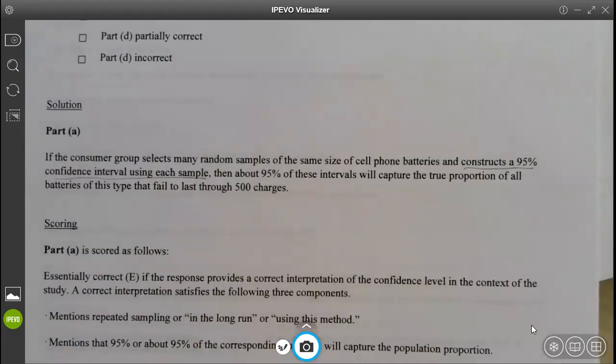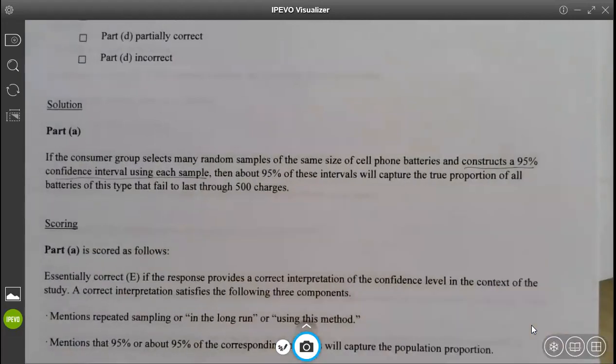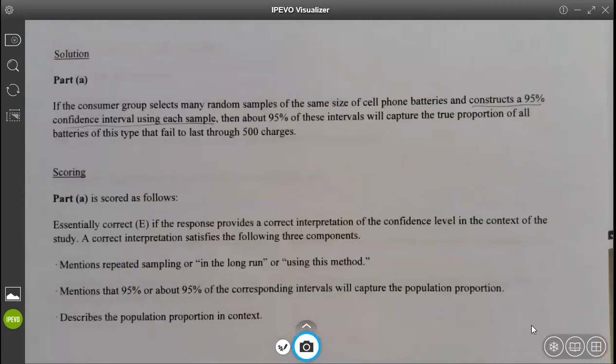Right. So most of you missed that last part. But still, you're on the right track, just add that extra in. So essentially correct if you mention repeating sampling, so a lot of you did that. 95% of the corresponding intervals will capture the population proportion, and then describes the population proportion in context.